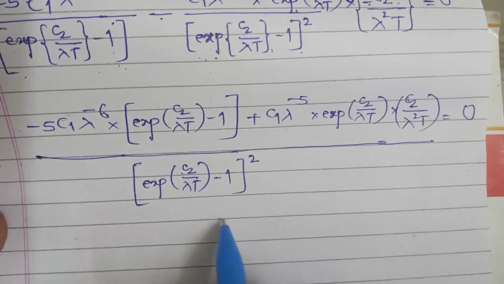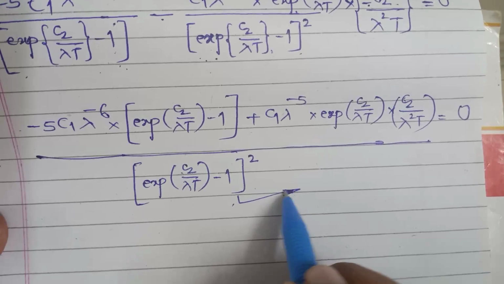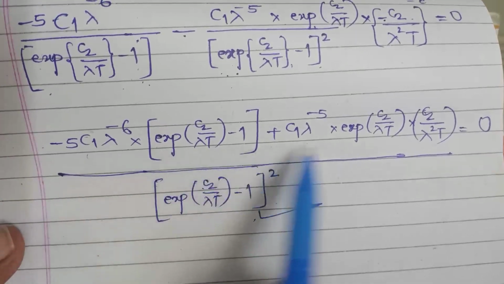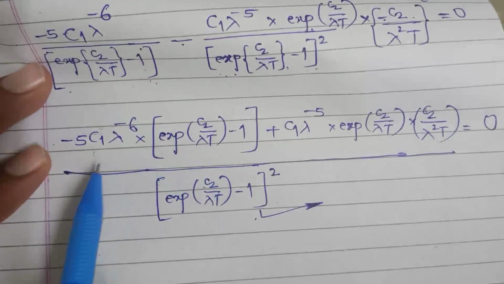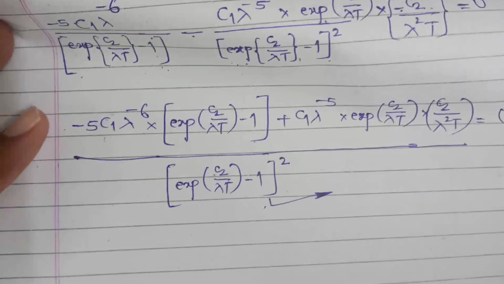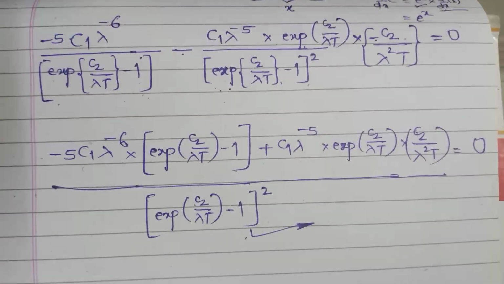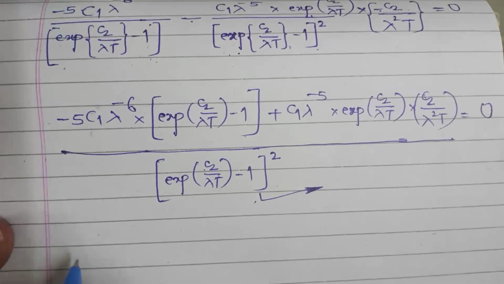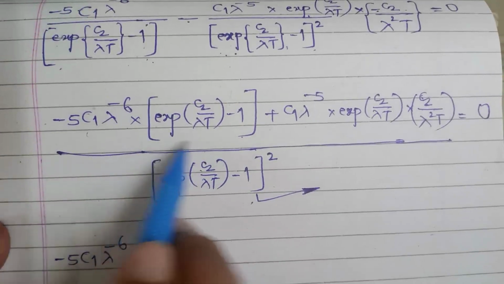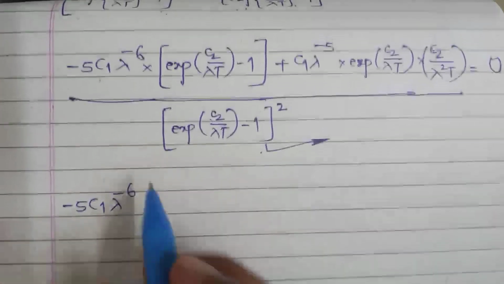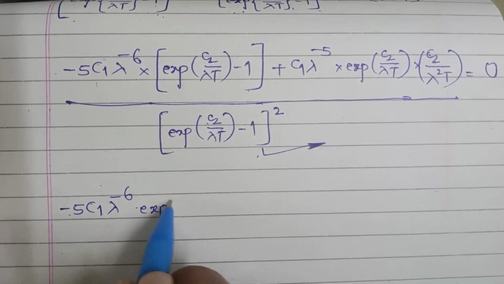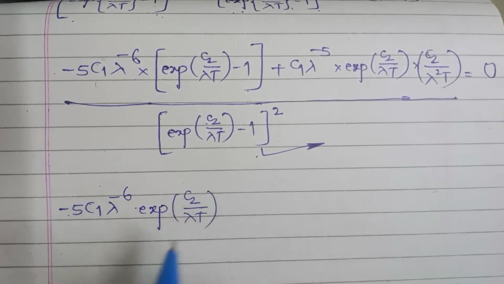Now we can directly take the denominator to the other side and multiply it to 0, so the denominator will be eliminated. What remains with us is this entire term. Now we can multiply this minus 5c1 lambda raised to minus 6 inside the bracket. So by simplifying the terms, it will be minus 5 c1 lambda raised to minus 6 multiplied by exponential of c2 by lambda t, the first term.